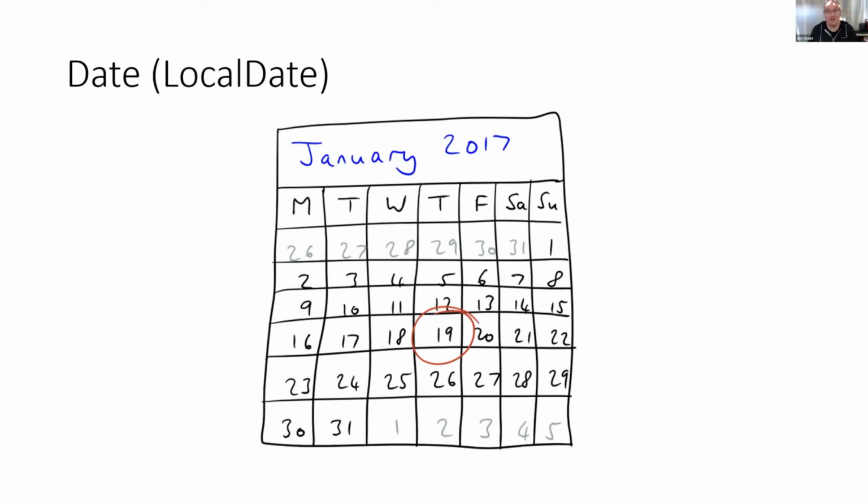Some systems may not let you represent a date on its own. .NET only started doing so recently with its date-only type, and that's always in the Gregorian calendar system. So it's worth being aware of that kind of thing. If you have to work in a system that doesn't have a date, then you often have a date and time, and you say it must always be midnight. Causes some problems we might come on to later on, but that's an option. So a date is just a year, month, and a day in a particular calendar system.